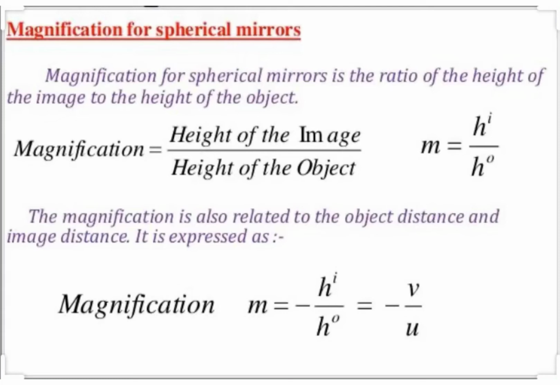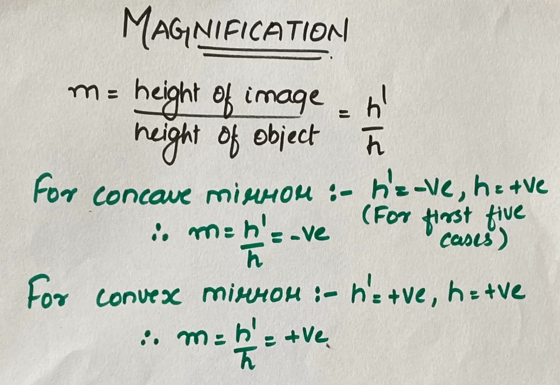Now magnification is also related to object distance and image distance, and it can be obtained as magnification for mirrors m is equal to minus v upon u, where v is image distance and u is object distance. Now students, we know that magnification is height of image upon height of object, that is equal to h dash upon h.